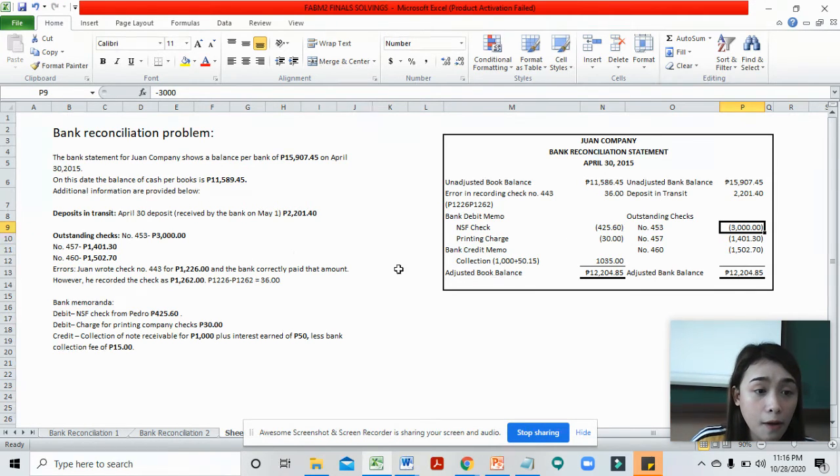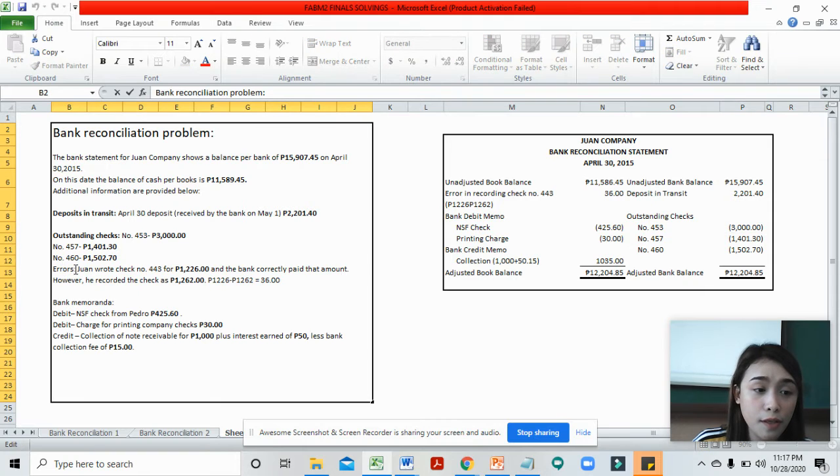So we have here errors. Here's one of your errors. Check number 443 for how much? That is 1,226 pesos, and the bank correctly paid that amount.